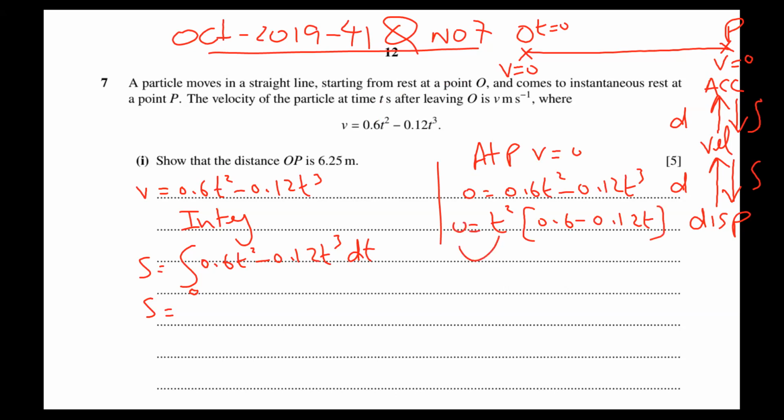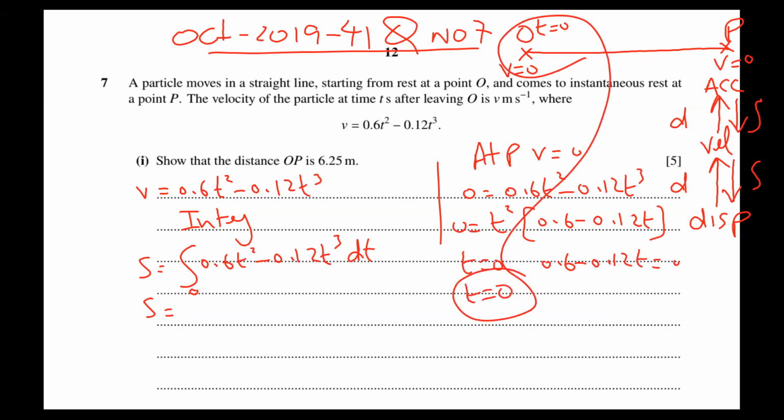Either t is equal to 0, which is the starting time, or the second part is 0. If I bring 0.6 to the other side and divide by 0.12, the answer is 5 seconds. So it will reach there in 5 seconds.